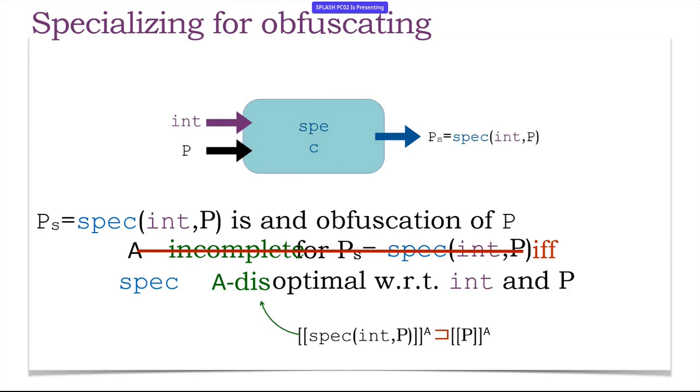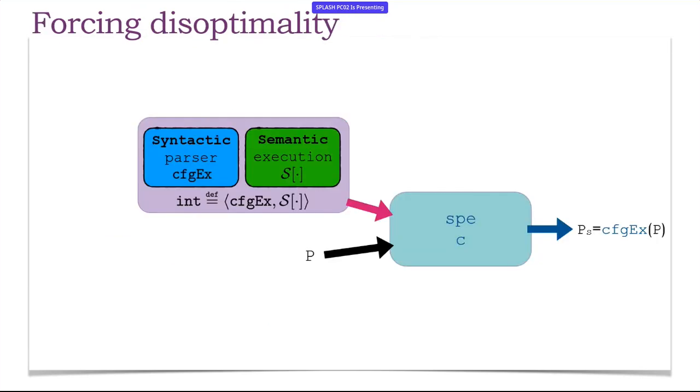It is clear that disoptimality is a property that depends on the specializer and on the interpreter, apart from the program, which is our input. So we could decide just to fix the interpreter and to look for a specializer which is disoptimal, or we can decide to fix the specializer.